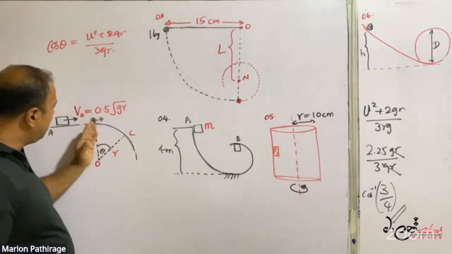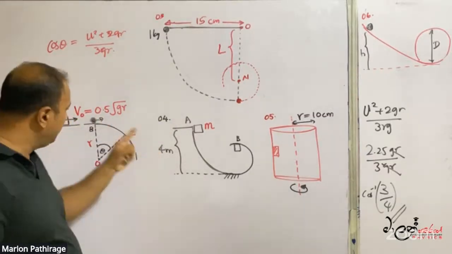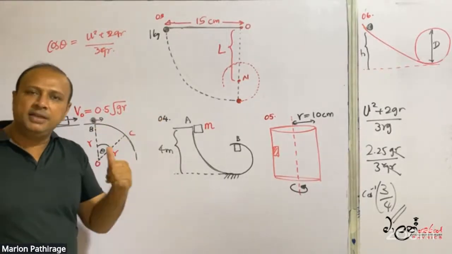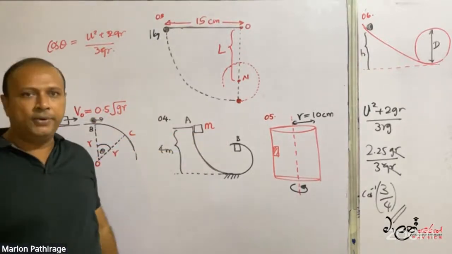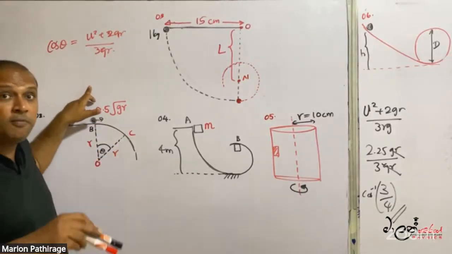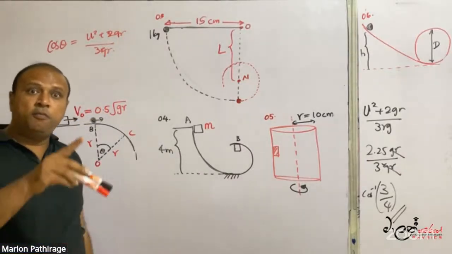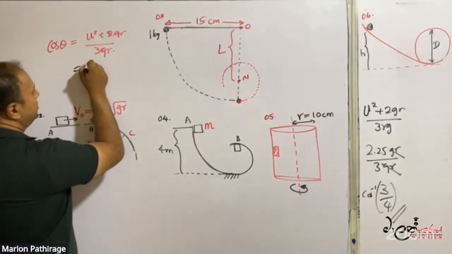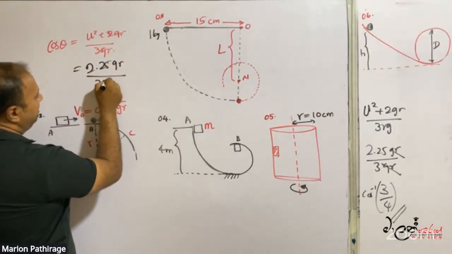Therefore, the velocity at point B is 0.5 square root gr. So u squared is the square of this, which is 0.25 gr. Then u squared plus 2 gr is 0.25 gr plus 2 gr, that means 2.25 gr over 3 gr.